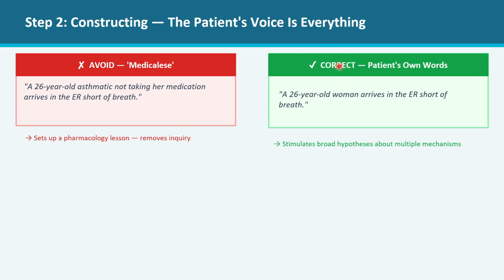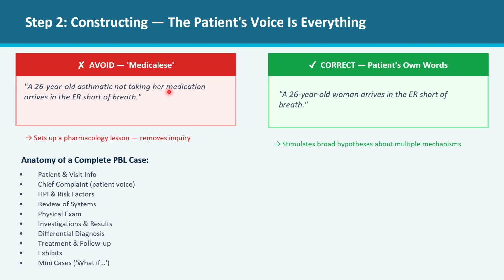The correct style is to use the patient's own words, such as a 26 years old woman arrived in the ER because of short of breath, because this will stimulate hypotheses about multiple mechanisms rather than mentioning directly being asthmatic and not taking medication and so on.